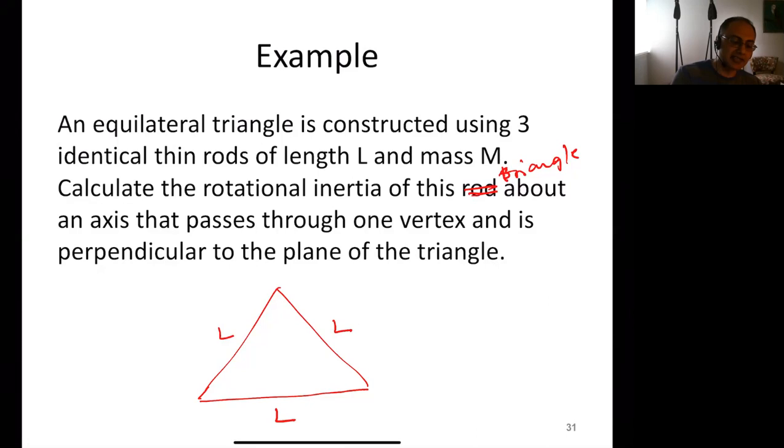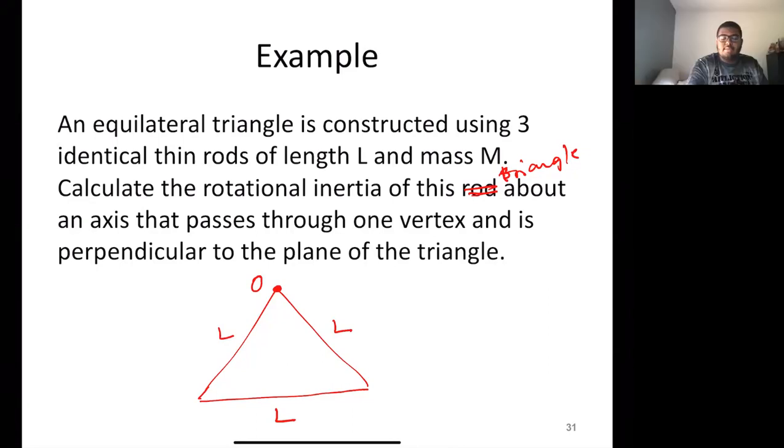Let's say that this is the vertex, let's call this O. So you have to find the rotational inertia of this triangular structure about an axis which passes through O and is perpendicular to the plane of the triangle. So any thoughts on how we can do this?